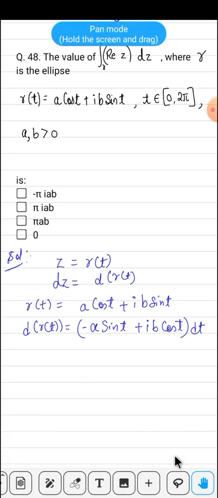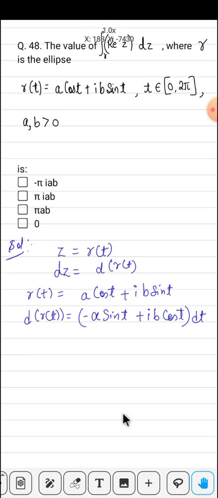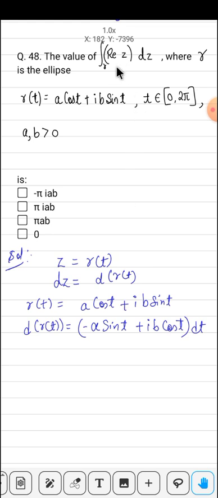Now look at the question. We are given real part of z and dz. So real part of r t will be a cos t and dz will be d of r of t.